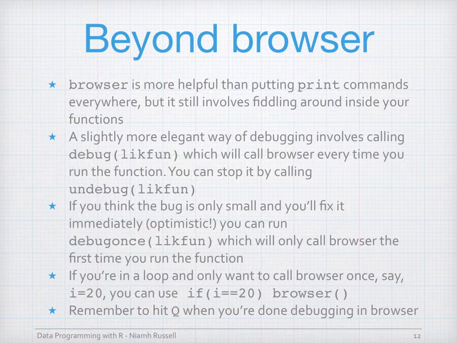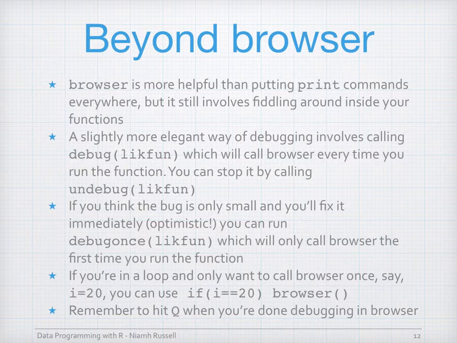And then once we've sorted out whatever problems we have with the function, we can stop it running the browser command by using undebug of like_fun. So we don't actually have to change the function itself.